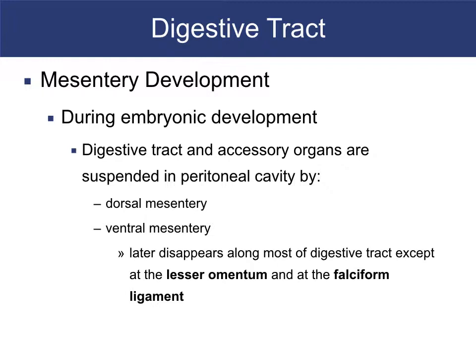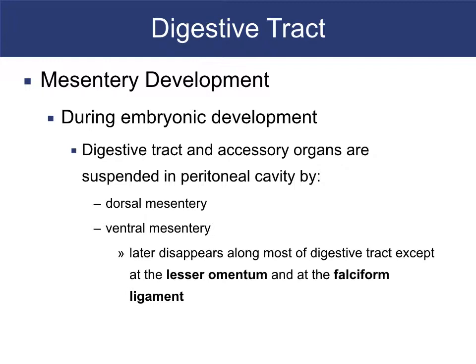And what happened is that most of the ventral one went away. And so when we dissect our cats, you're going to see that the mesenteries, which supply the blood and the blood vessels up to the intestine, they all come in through the back.